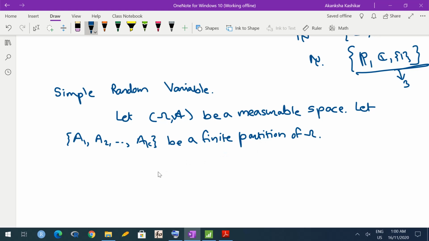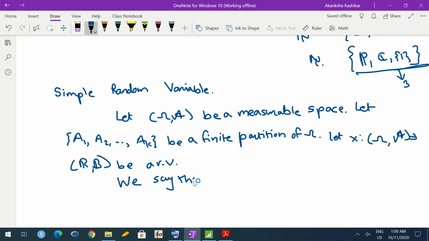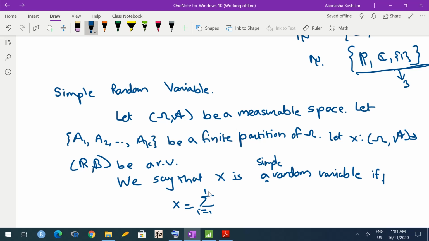So A1, A2, ..., AK be a finite partition of omega, and let X be a random variable defined from omega to R. We say that X is a simple random variable if and only if X can be expressed as the sum over i going from 1 to k of small a_i times the indicator of capital A_i.